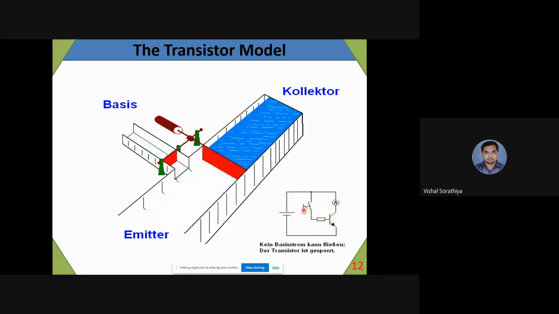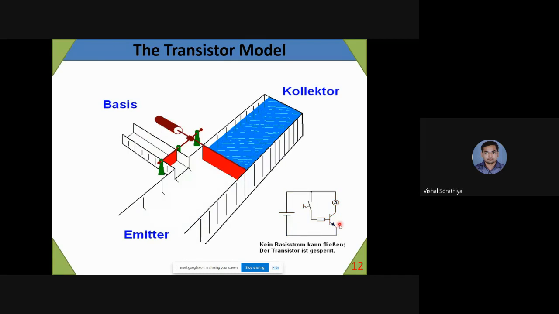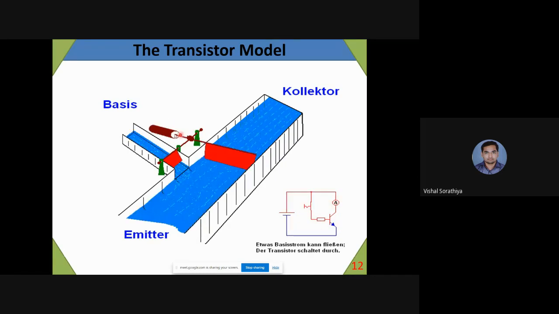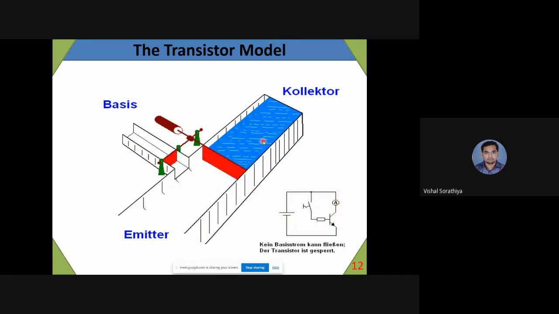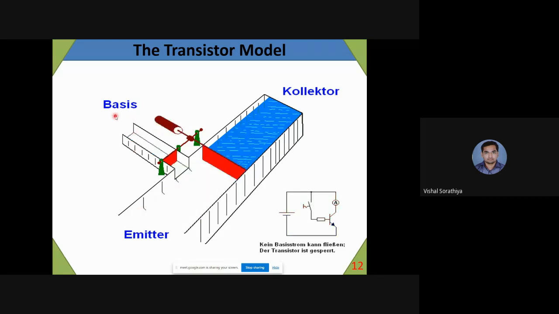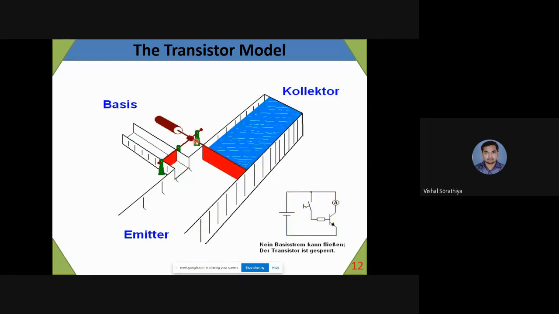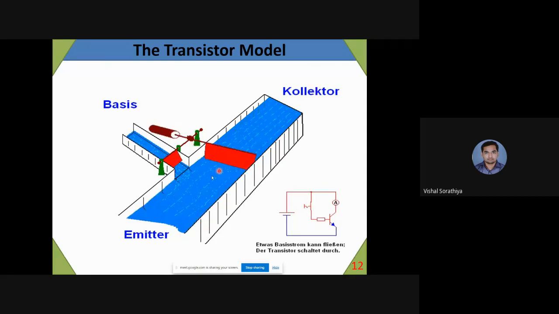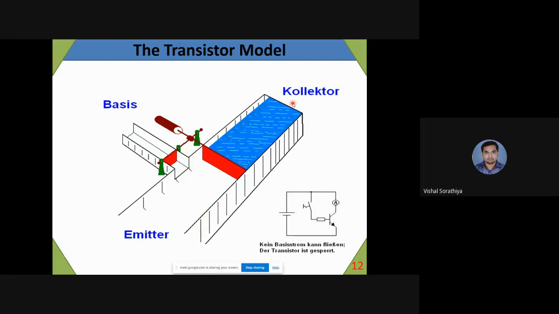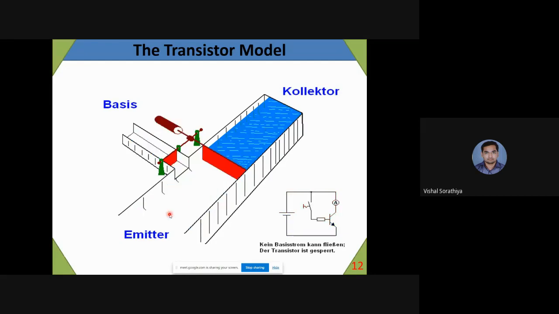Whenever you apply the power supply at your base terminal, only then does your transistor turn on. This is a water flow type of diagram I have explained. If a little bit of current comes here, it opens the path between collector and emitter, and the full flow of current, or full flow of water, starts.